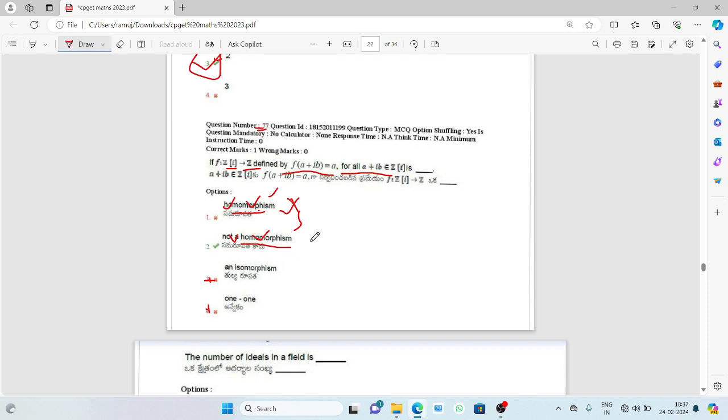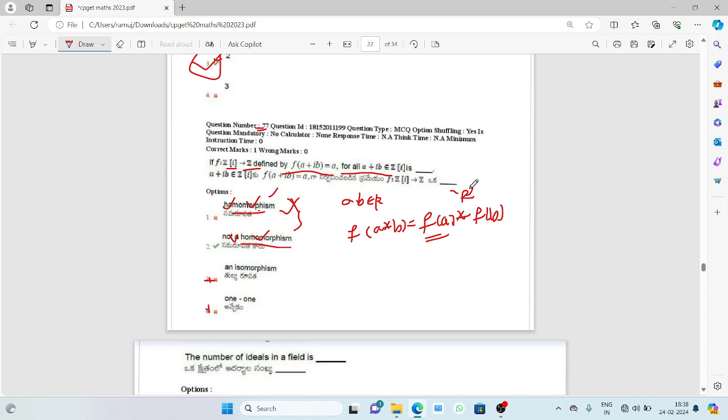So we will check whether it is a homomorphism or not. In general, suppose I take two elements a and b from a ring R, and the function satisfies this type of condition with some binary operation, f(a star b) = f(a) star f(b), then we can say that f is a homomorphism.